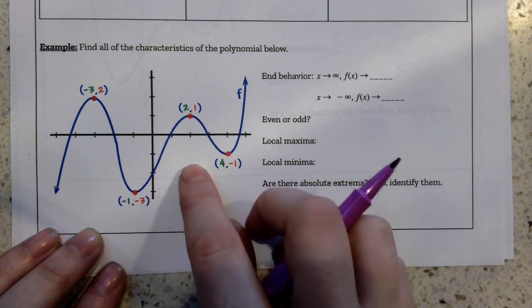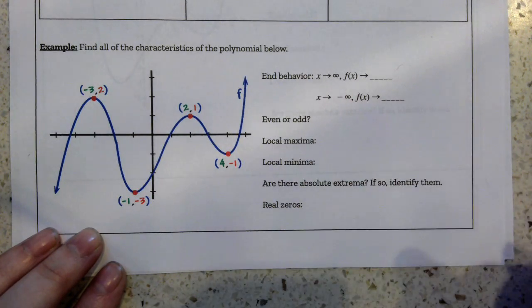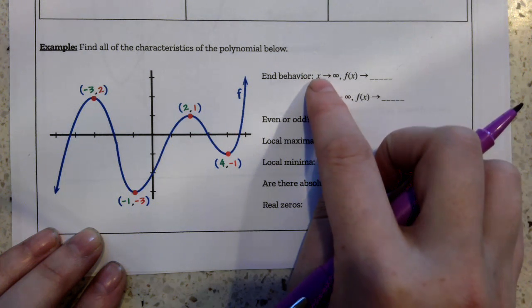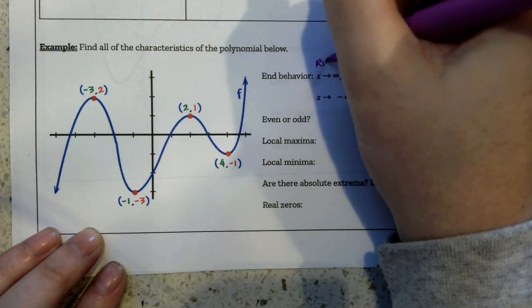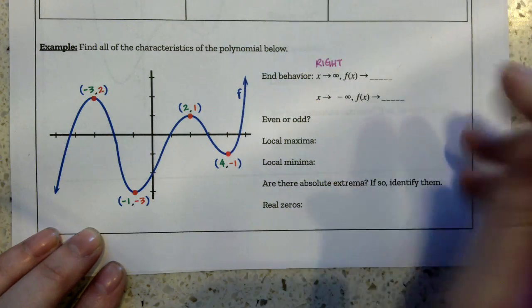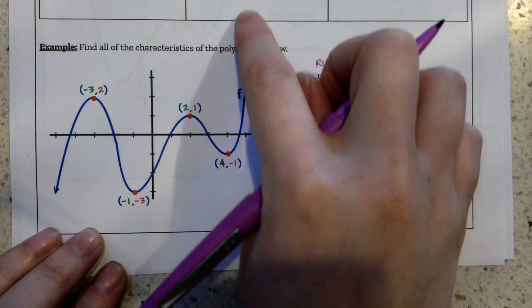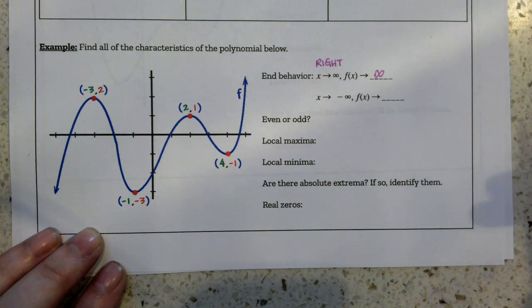So here's our polynomial, and it says find all these characteristics, and we start with end behavior and whether our polynomial is even or odd. This first sentence says as x approaches infinity, which means it's asking me about the right side of the graph. Where does our graph go? As I go to the right, my polynomial goes up forever, so that is positive infinity.